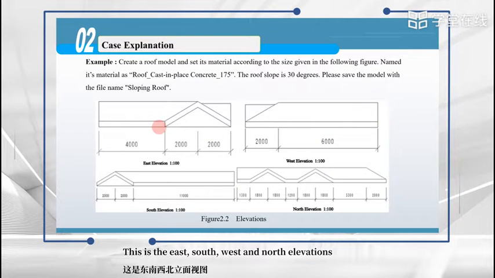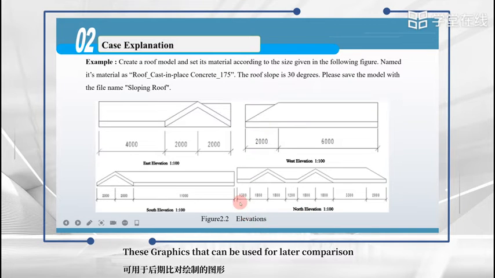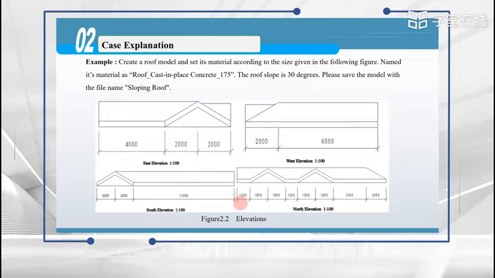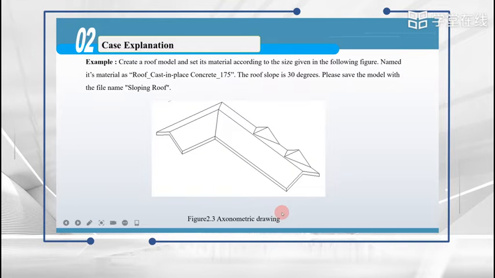These are the east, west, south, and north elevations. These graphics can be used for later comparison. This is the axonometric drawing.